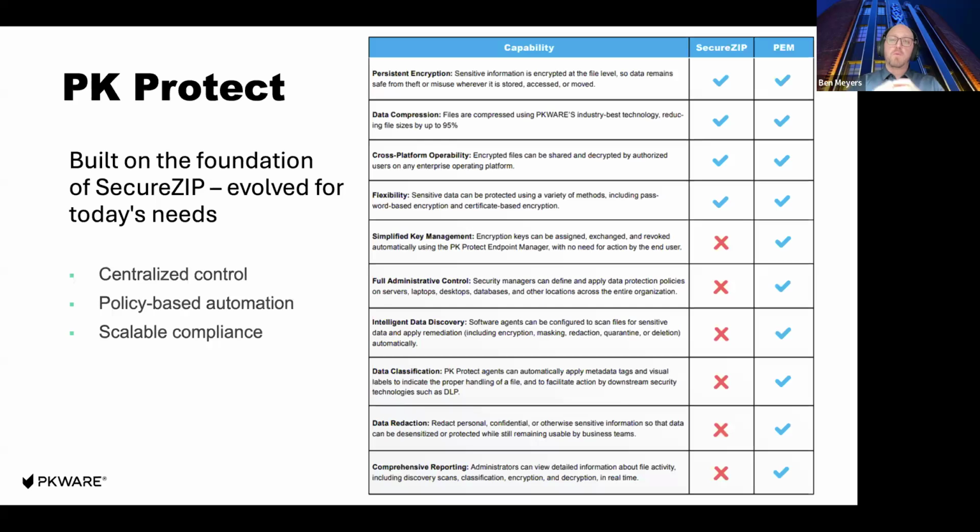PK Protect broadly expands the capabilities of our encryption to different data repositories. Like I mentioned earlier, 20 years ago, data was on servers and file shares on premise. It has completely transformed now into cloud and hybrid, and maybe some data is still on-prem. So partnering with an organization that can cover that entire spectrum is extremely critical.